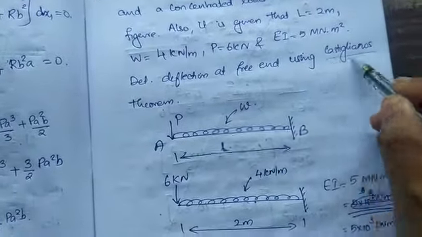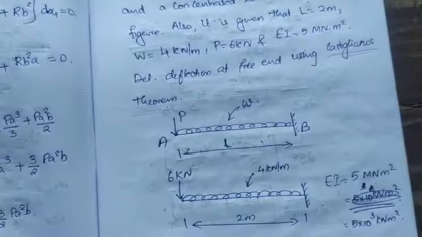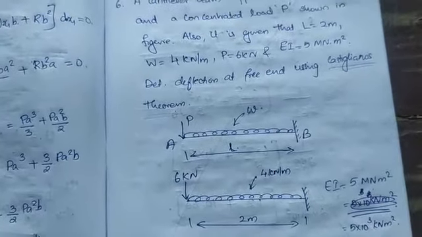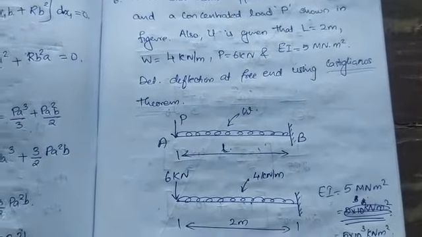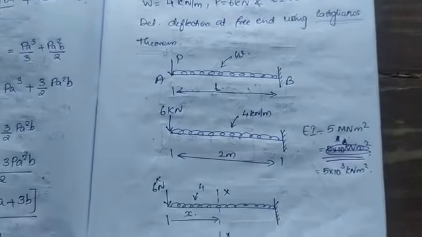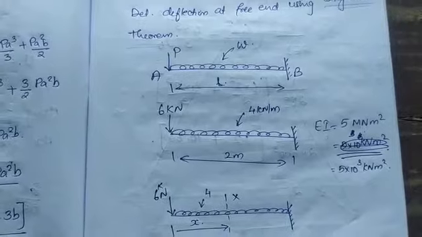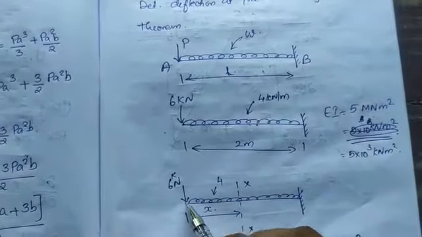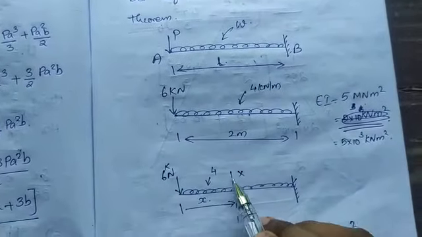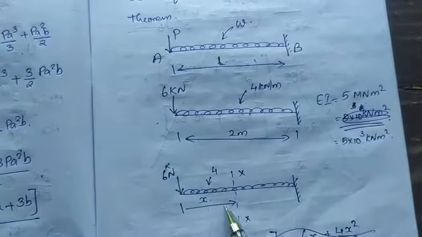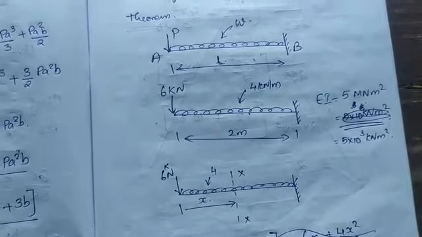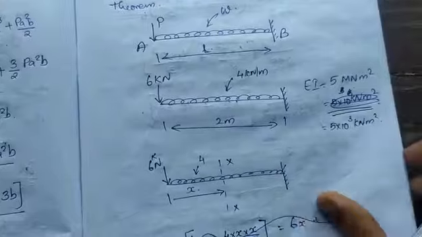See, they have purposefully asked it. You need to find out the deflection at free end using Castigliano's theorem. Now again we'll do the problem in a similar fashion. A 6 kilonewton force is acting and you take a section x distance from this point.